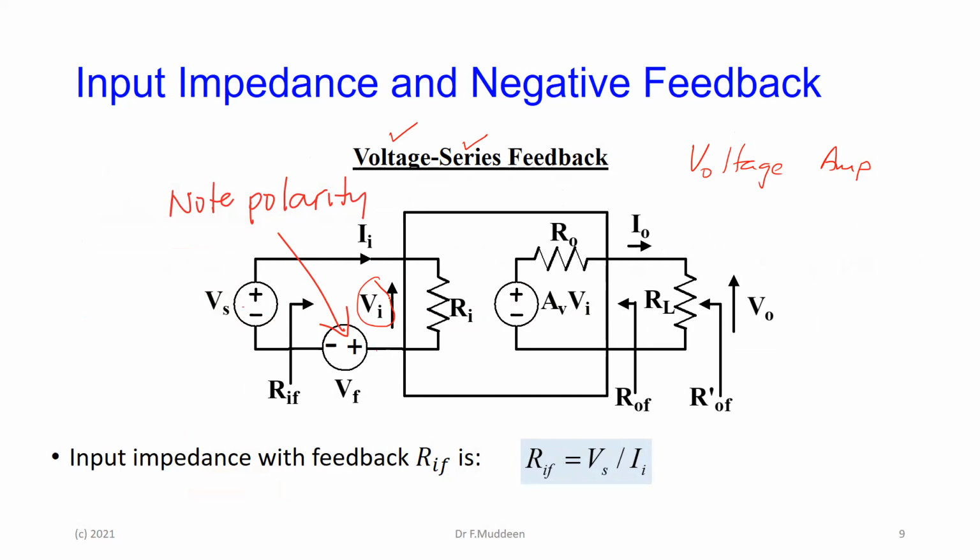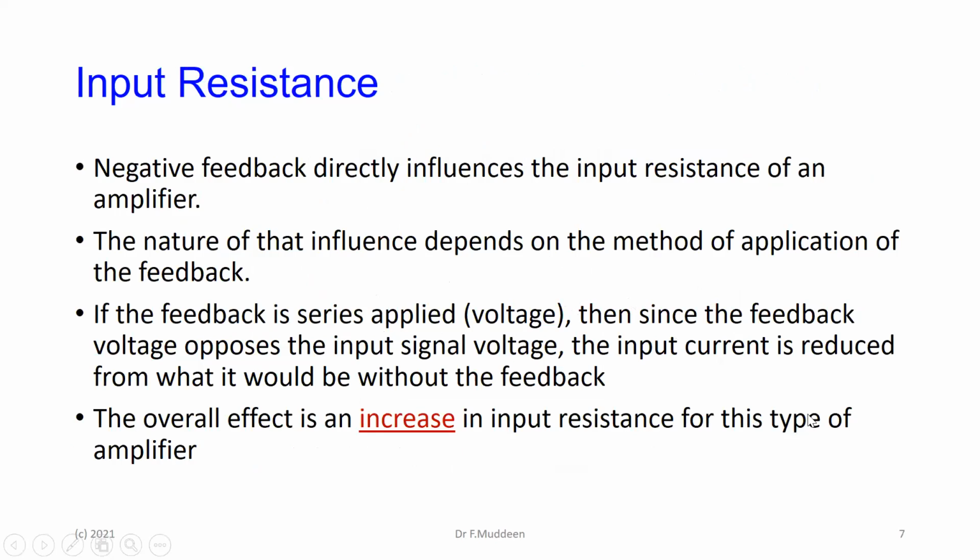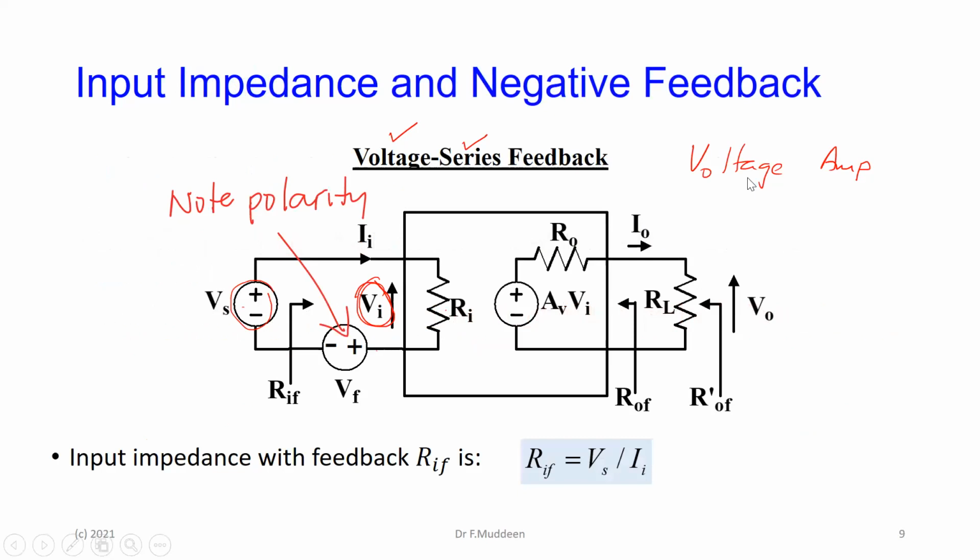So because of that, if I supply Vs, the feedback is reducing the amount of input voltage that is appearing across here. That is the equivalent of saying that if the input voltage is reduced, the input impedance has increased. By opposing it, I'm taking less current coming in, so it looks like the input impedance has gone up.